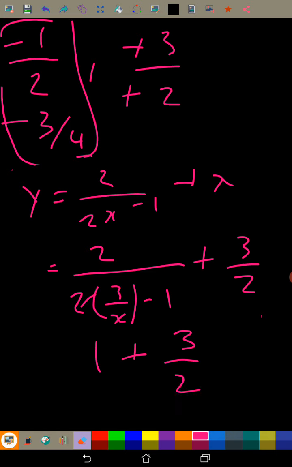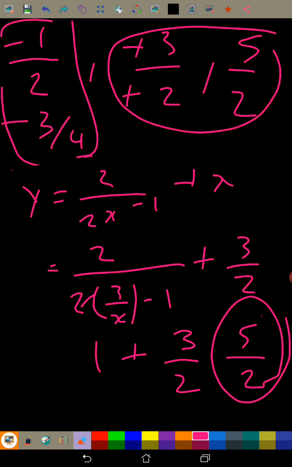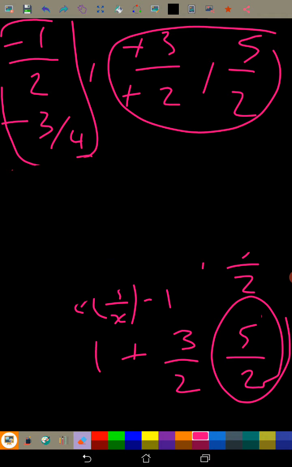We have 5 over 2. Yes, we have 5 over 2. This is the second coordinate of the stationary points. And so now we don't know what kind of turning points they are. So we still have to find what kind of turning points they are.